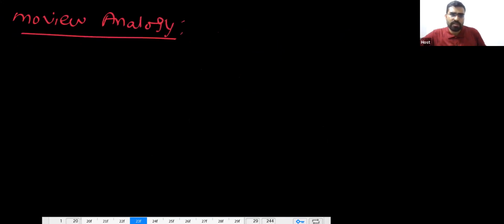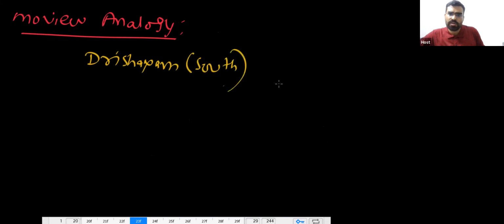So in this movie analogy, what is happening? This Drishyam South is what? This is the graph. Yes or no? And this Drishyam Bollywood, that is also a graph.